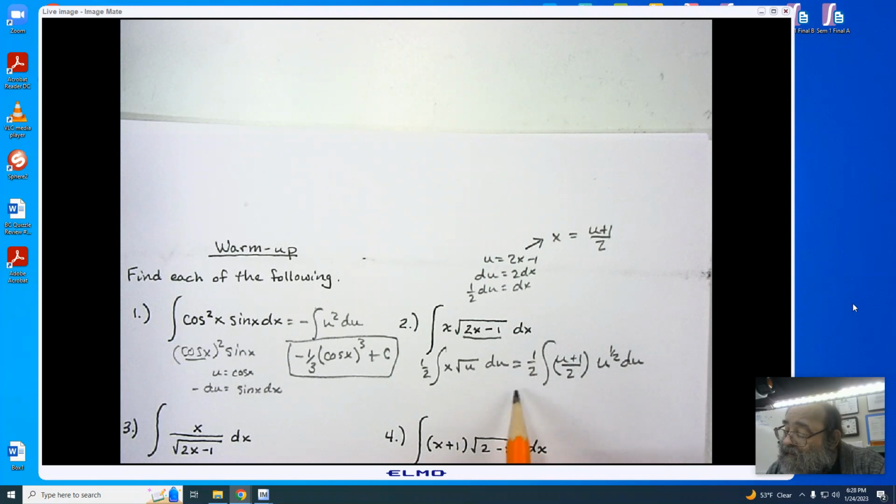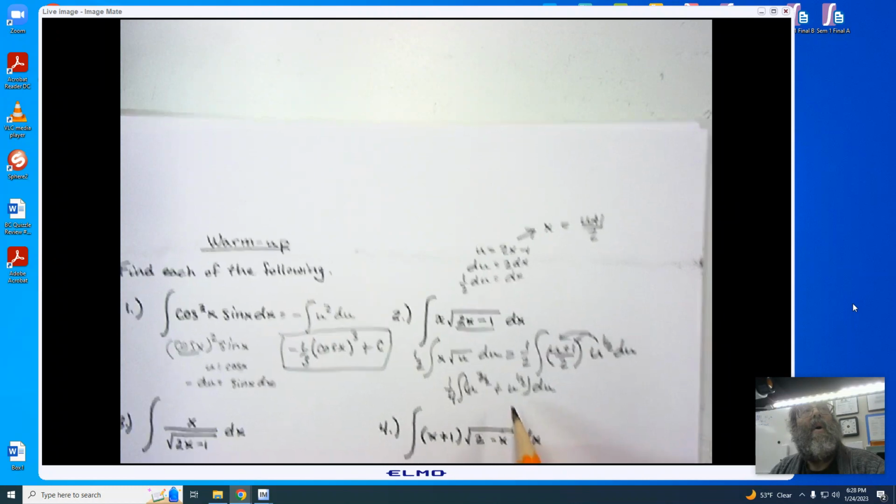I'm going to take the 1/2 out so that I have 1/4 the integration. I'm going to distribute my u to the 1/2 to each term. It's going to give me u to the 3/2 plus u to the 1/2 du.